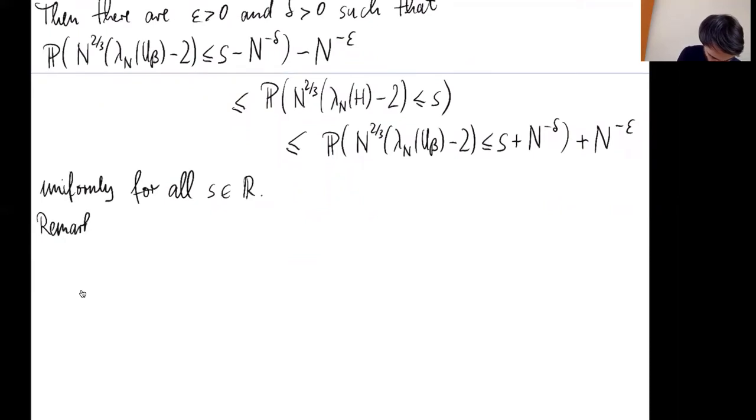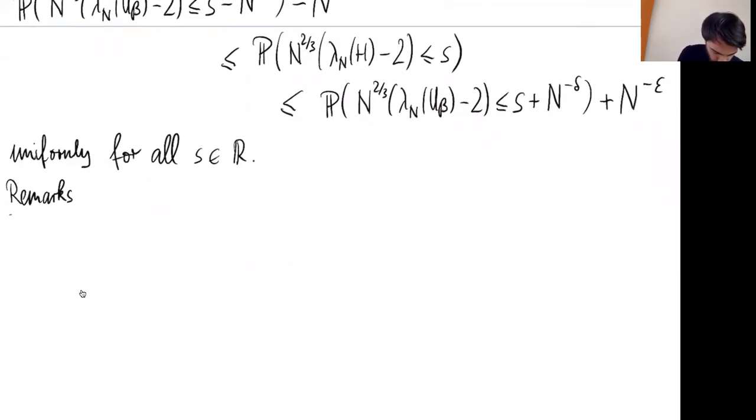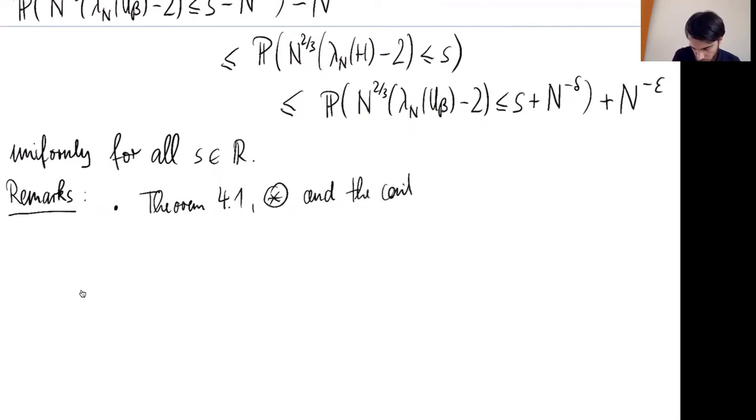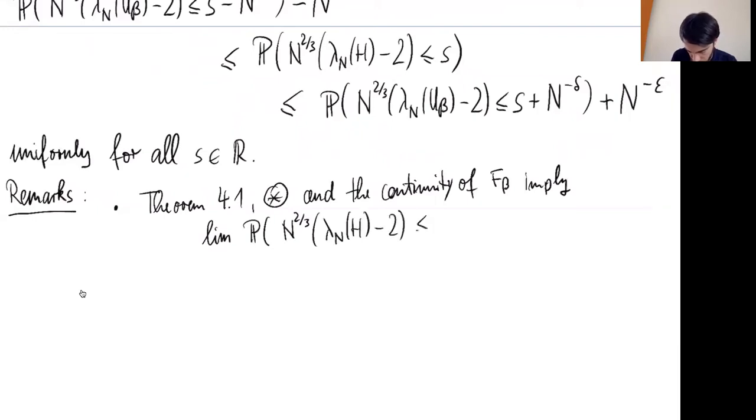So maybe the first remark I want to make: Theorem 4.1, star, and continuity of F beta imply that we have the same as in star, but now for the Wigner matrix H. Lambda n H minus 2 converges to F beta S when n goes to infinity for all S in R.